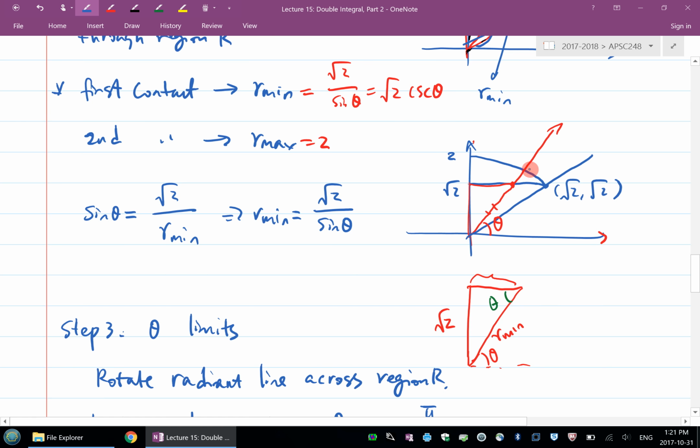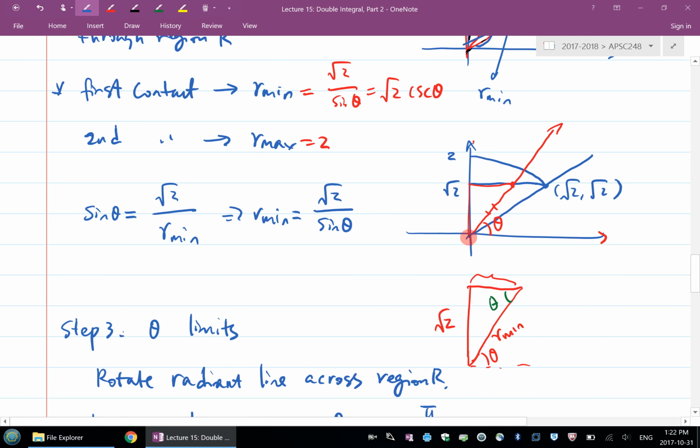It depends on how the region looks. I believe last year I tested such a thing in the final exam. So you have to see clearly which part is R min, and through what type of geometry you can figure out this R min or R max. It really depends on this region here.